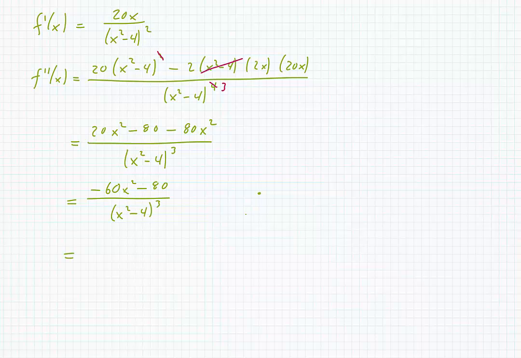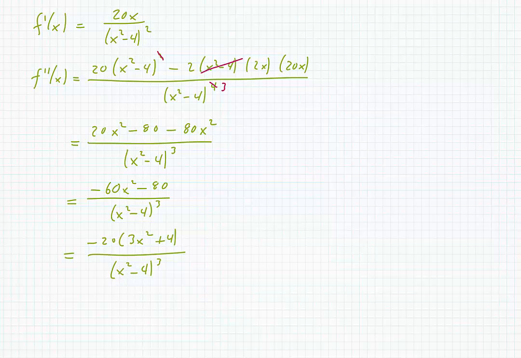And if we factor out, let's say, a negative 20, we'll have negative 20 times (3x squared plus 4). That's all divided by (x squared minus 4) cubed.